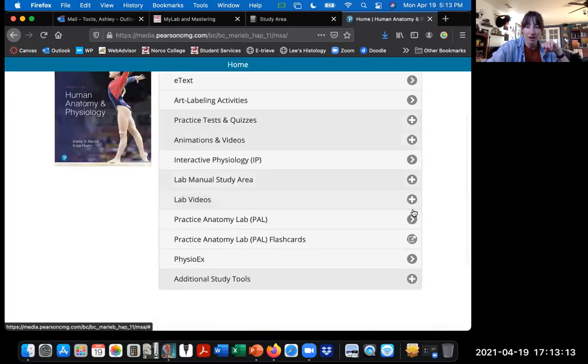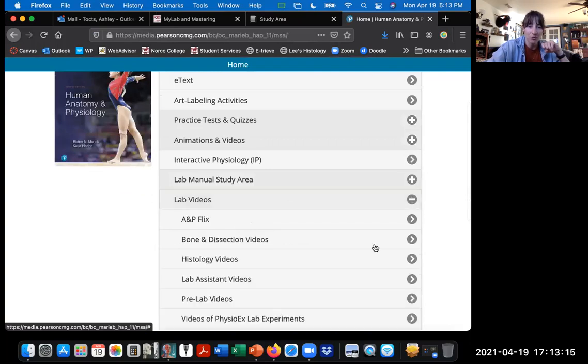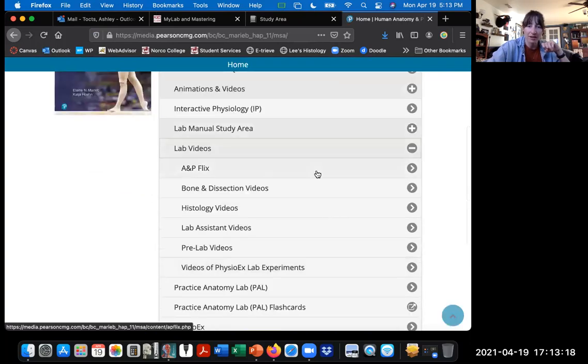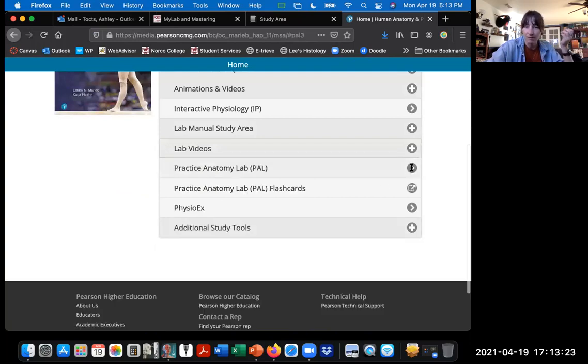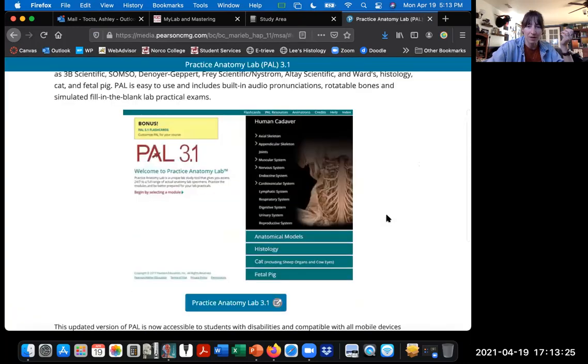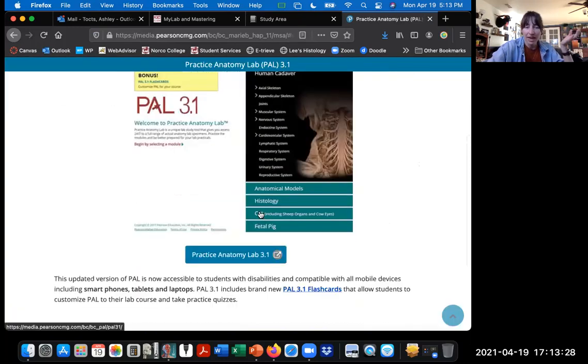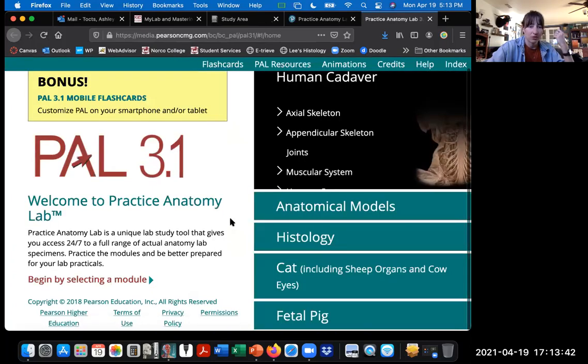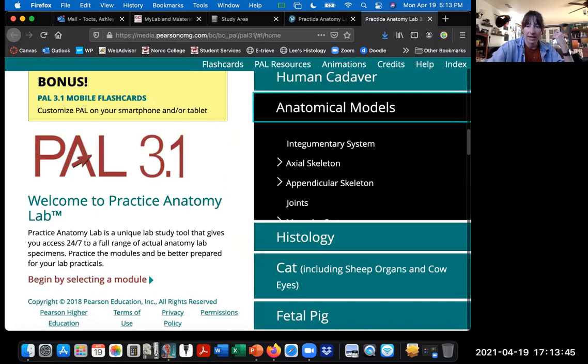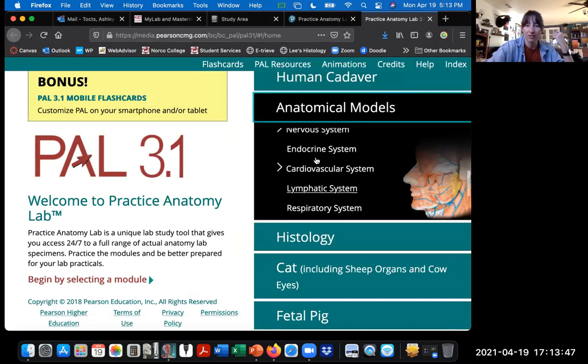These are broken down by the type of study help that it is and the subject matter. So your practice anatomy is broken down by cat, pig. The cat includes your sheep. So your sheep heart stuff would be here. And anatomical models, which are your actual plastic models if you want to look at them.